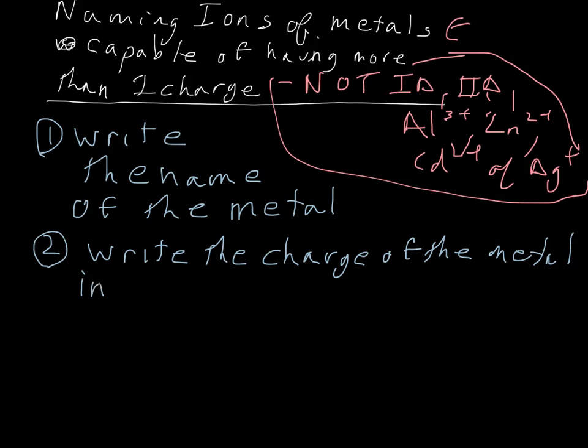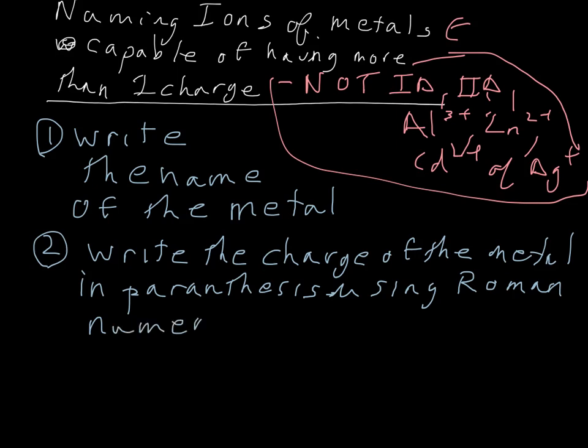Then you're going to write the charge of the metal in parentheses using Roman numerals. Then you're going to write the word ion.